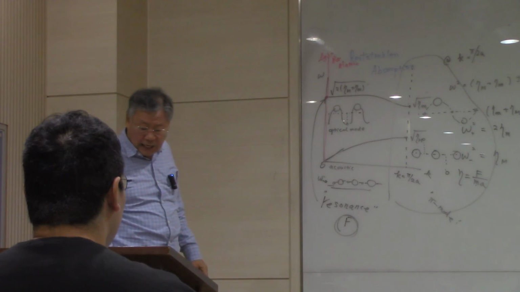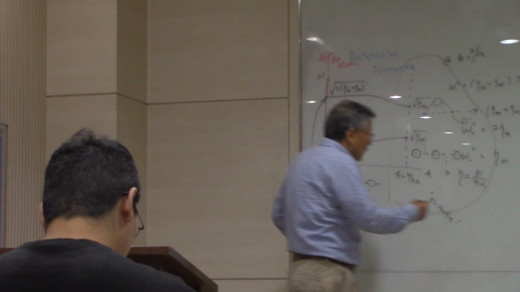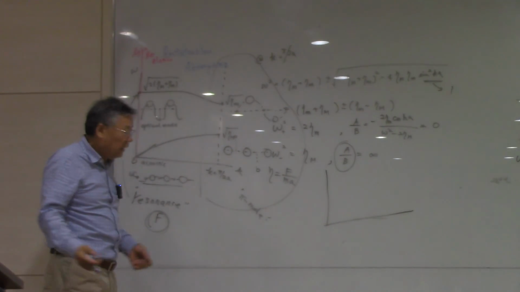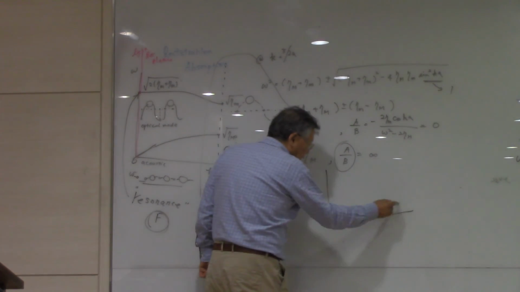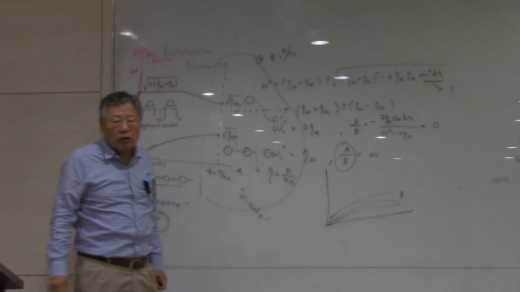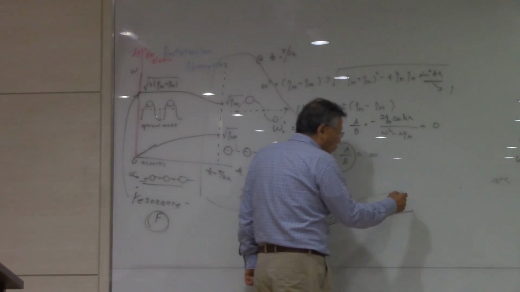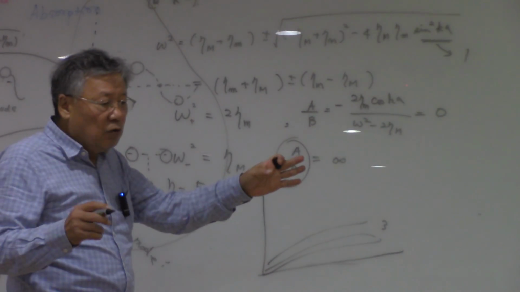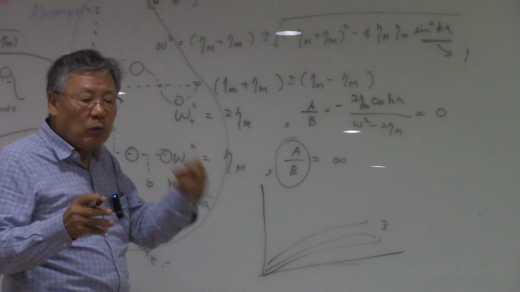And then finally, when you have n atoms in a multi-atom case, you are going to have 3 waves: 1 longitudinal wave and 2 transverse waves.